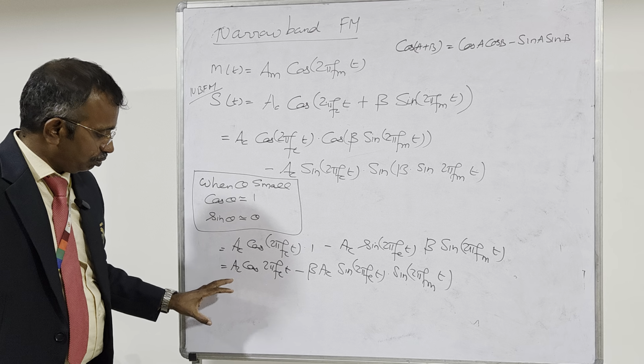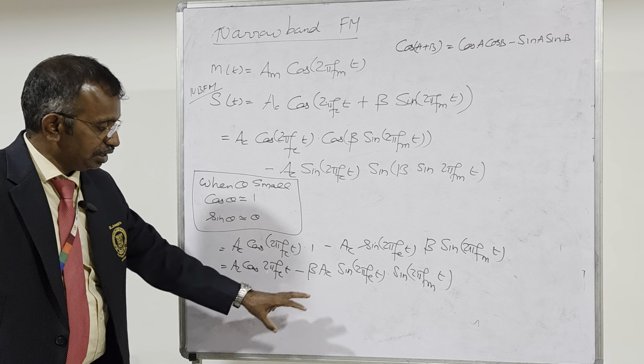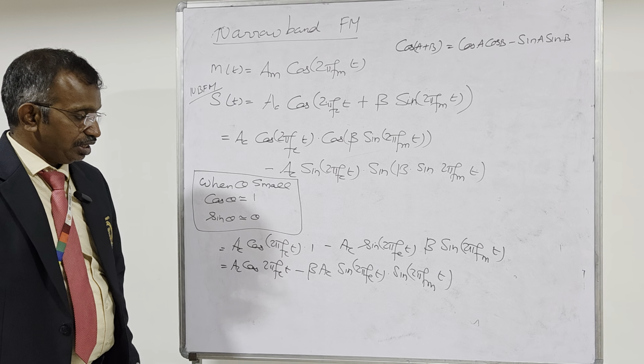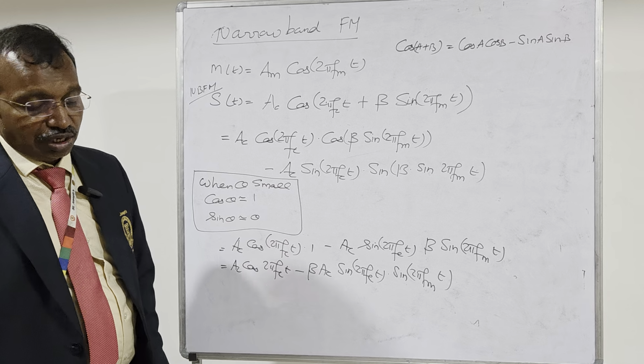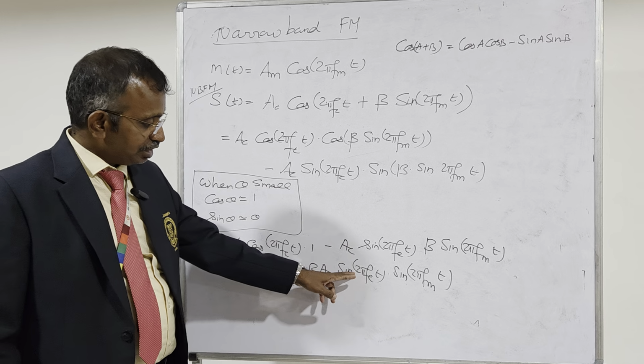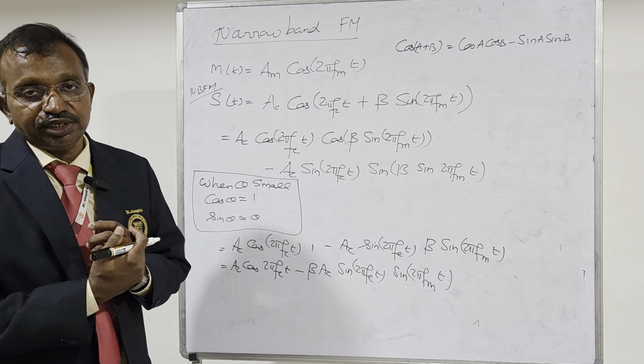So I am getting Ac cos 2 pi fc t minus beta Ac sin 2 pi fc t into sin 2 pi fm t. Now this is in the form of sin A sin B. So sin A sin B can be written as one half of cos(A minus B) minus cos(A plus B).